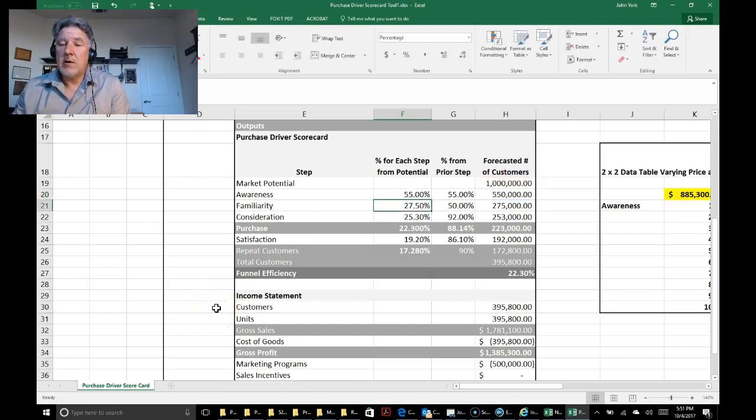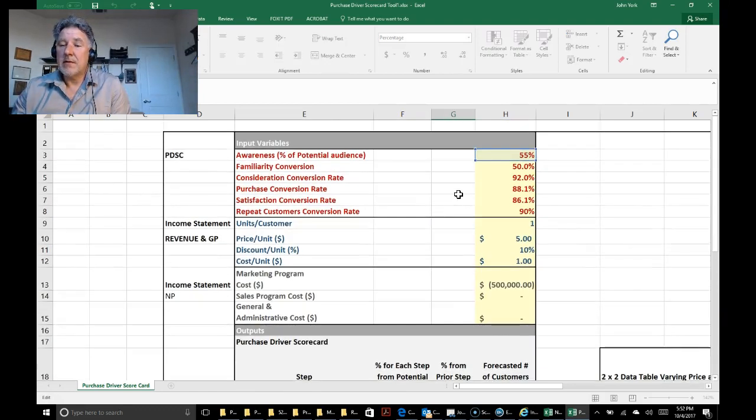Okay, and so on and so forth, in familiarity and consideration. So that gives you a sense of where things are in each stage. And then we pulled percentage from prior step, we pulled back from the model.